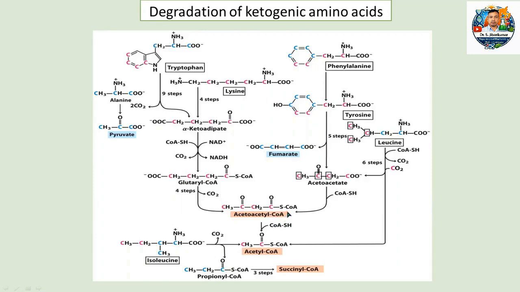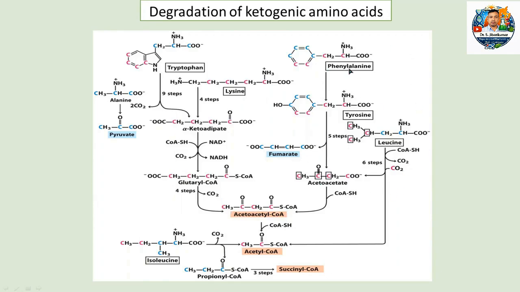So any amino acid which can produce acetyl-CoA or acetoacetate can be used to produce ketone bodies. Many of the steps are not included here. This is just to give you an overall picture of how different amino acids can give this acetyl-CoA.